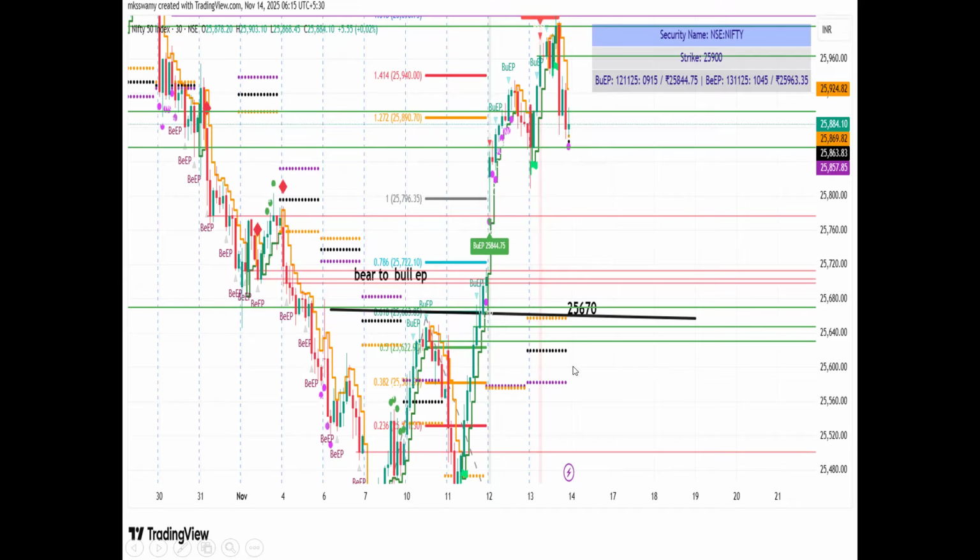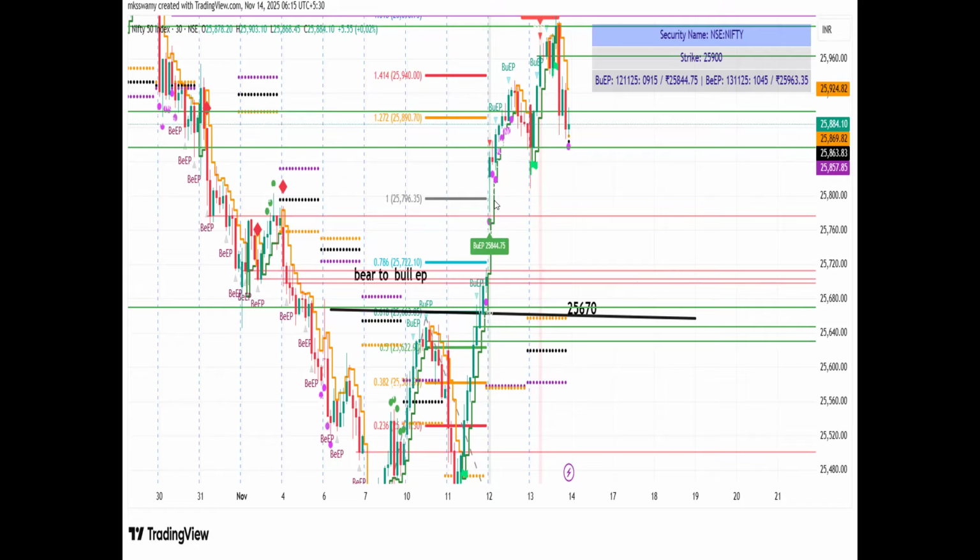The CPR was descending, and finally the market rallied to this level, and this is the cluster. You can see the EP clustered in this area, and the red lines clustered there. What the market did is jump over that.